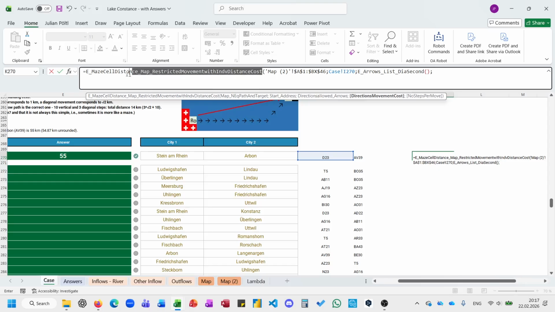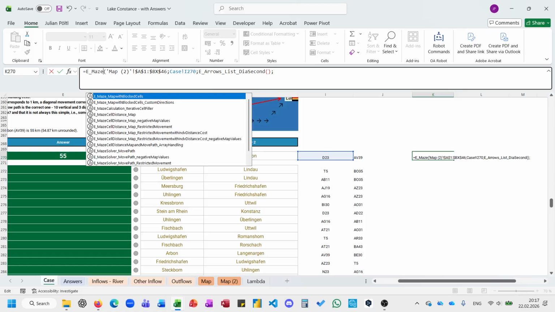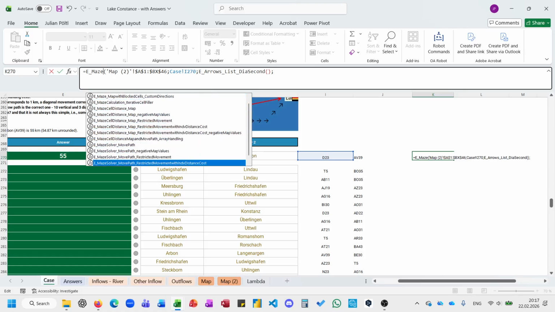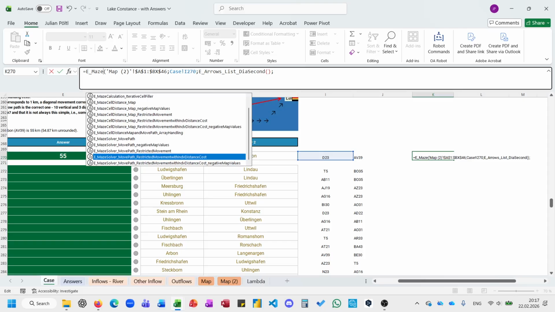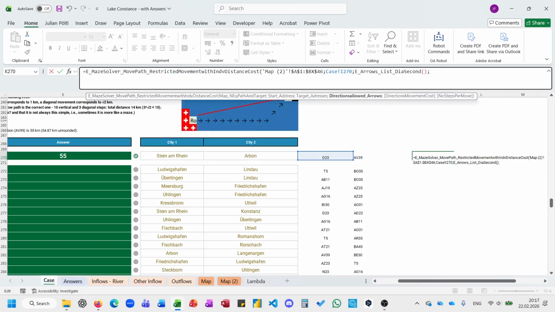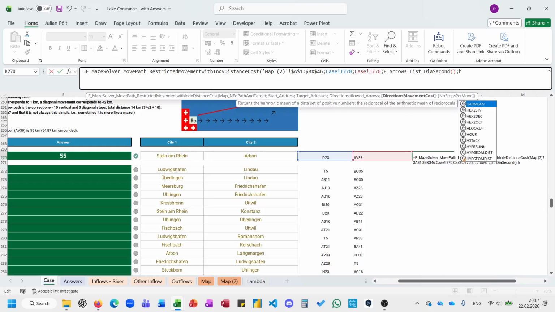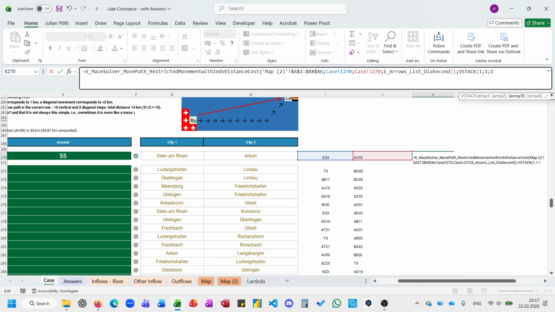I need maze mover individual costs. Here it is. Because here I also can use a target address. So directions allowed, and now I stack in vstack 1 1 1 1, and for the diagonals, it's square root of 2.